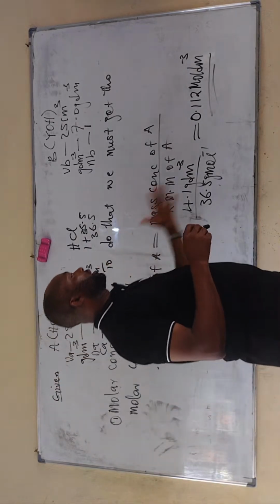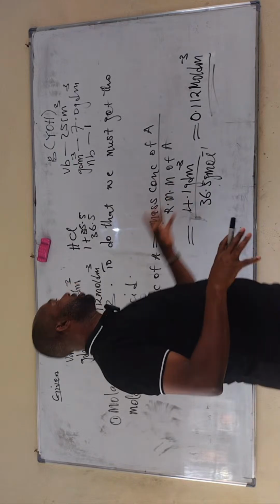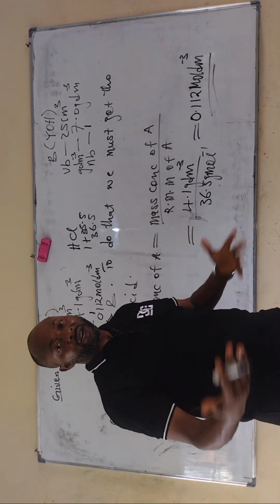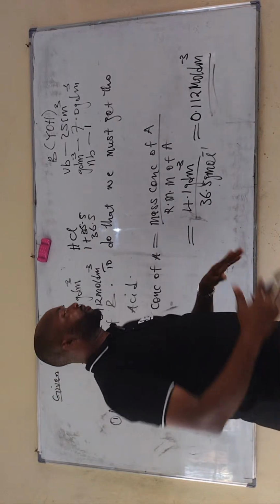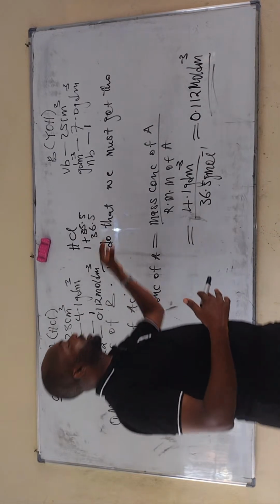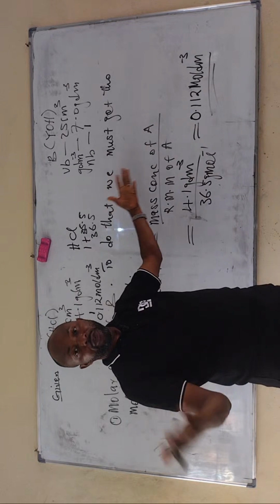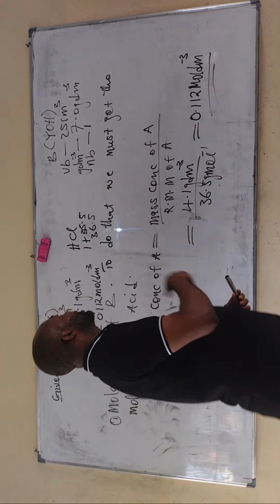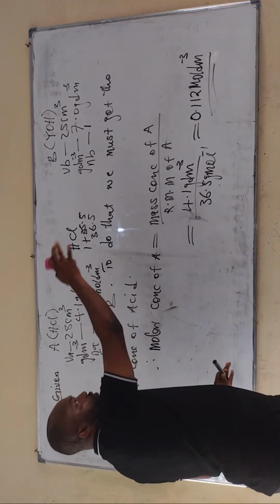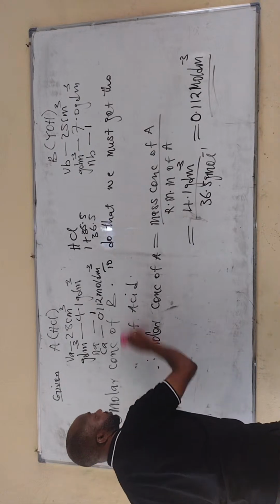So this is the Ca, the concentration of the acid, which is 0.112 mole per dm³. Having gotten this, we now have to proceed. Remember the initial question asks for the molar conc of the base. Since we couldn't get that directly, we have to pass through a different route, using the CAVA formula.